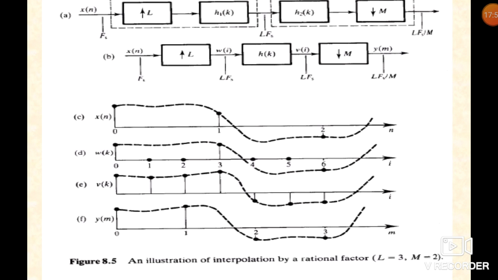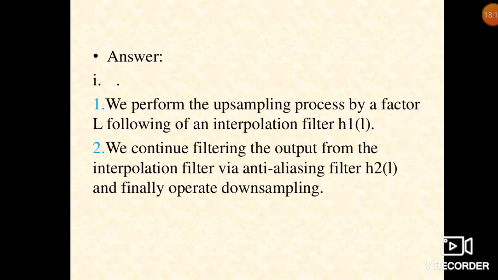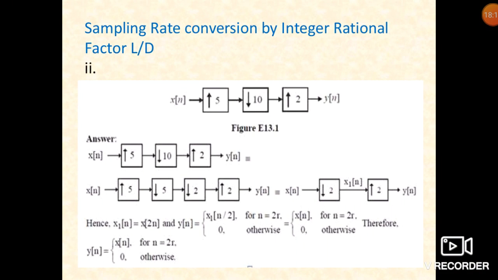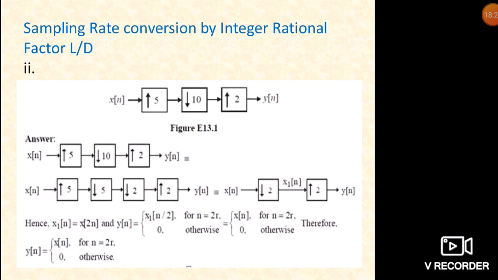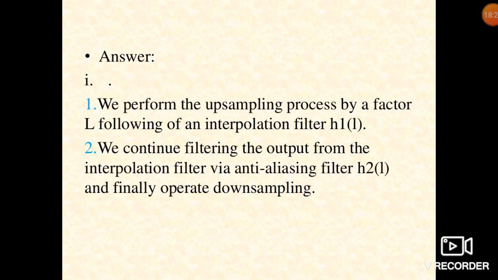Between this 0 and 1, one sample has been removed, and finally we got the signal y of m, which is your sampling rate changed by a factor of L by D. So this is the cascading. For this particular slide, we're going to have some examples of this cascading part. And thank you.